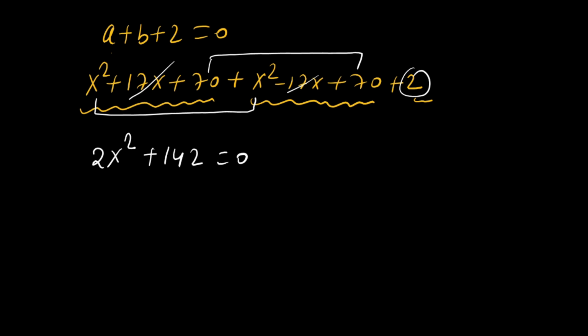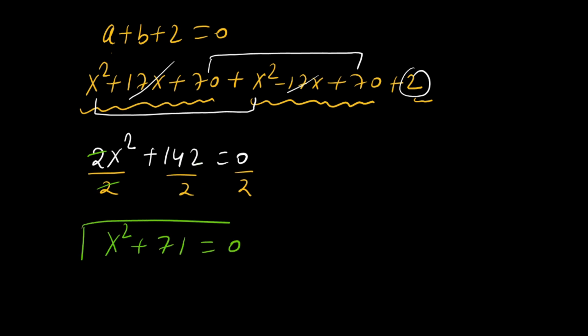Now look carefully, on the left hand side each term is divisible by 2. So if we divide both sides by 2, then this 2 and this 2 cancel out, then here x square plus 142 divided by 2 gives 71, and this equals 0. Look carefully, this is a quadratic equation. Here x square plus 71 equals 0.